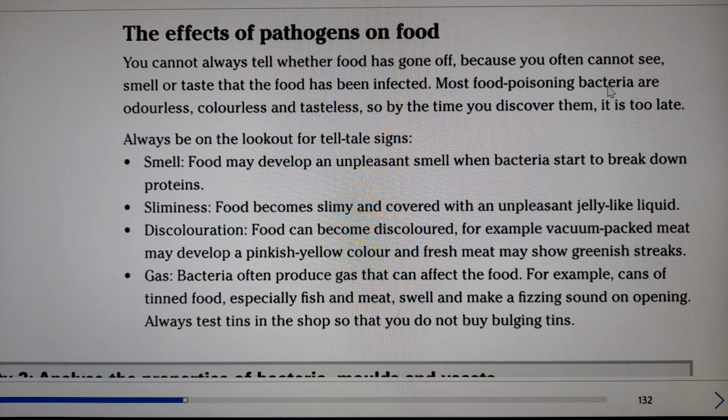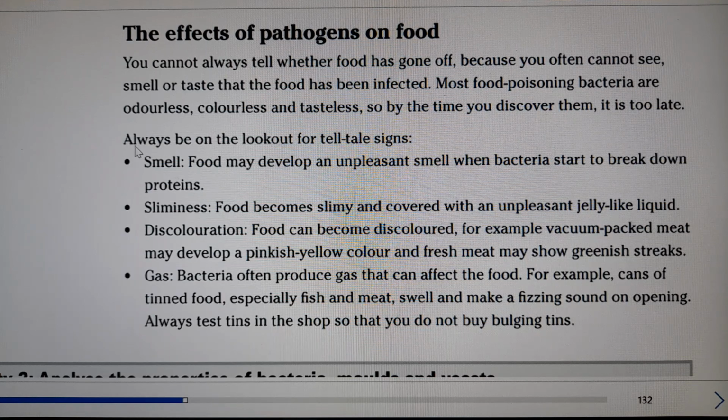Most food poisoning bacteria are odorless, colorless, and tasteless. So by the time you discover them, it's too late. You can't smell them, you can't see them in color, you can't even taste them. By the time you discover them, you might already be having illness symptoms.